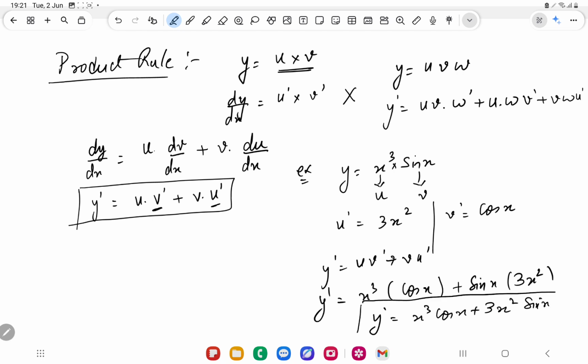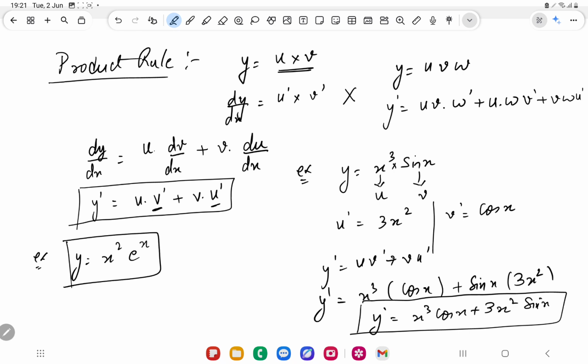So this is my derivative of the given function. Now you can try this example: y is equal to, let's take x square multiplied by e to the power x. You can try this and put your answer in the comment box.